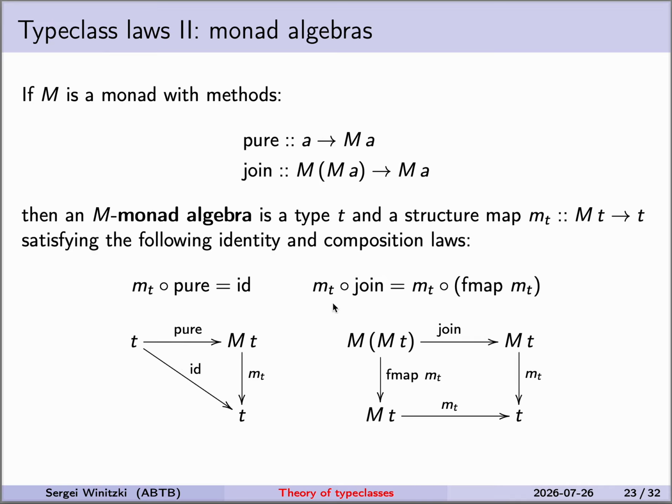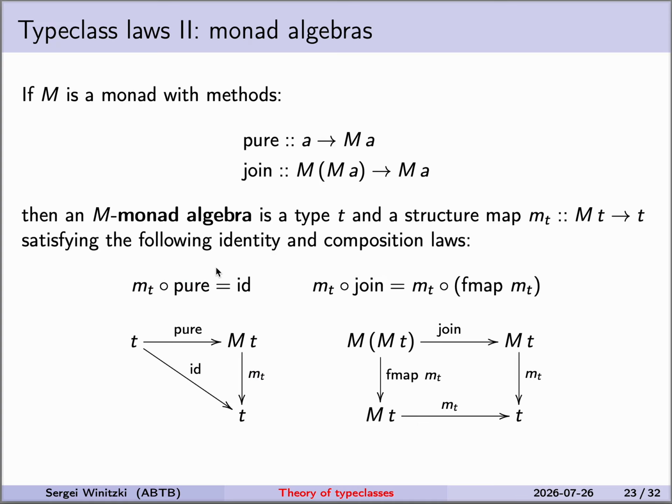Note, I'm writing this in a kind of Haskell-like notation, and so the order of these functions is opposite. So first we write the structure map, which is the last function here, and then pure. So you need to read it kind of backwards.